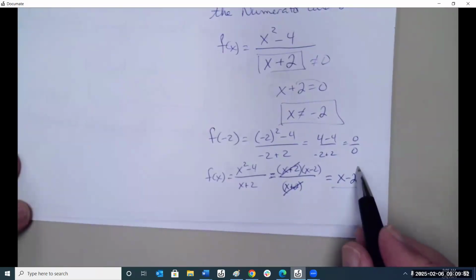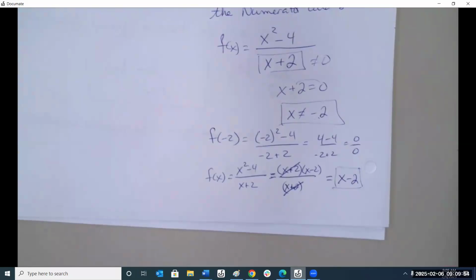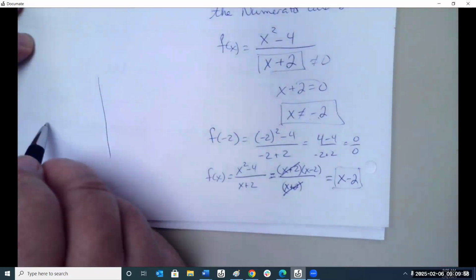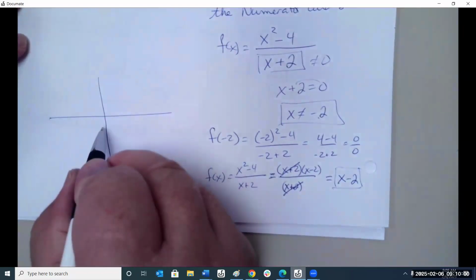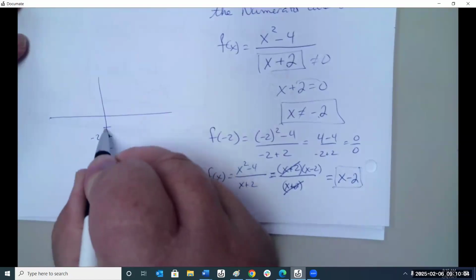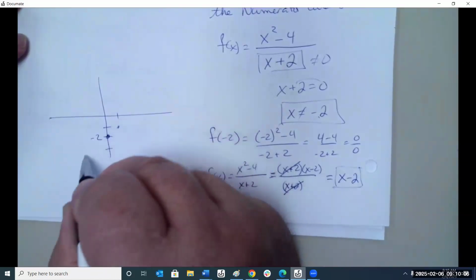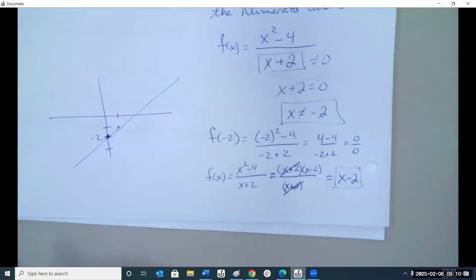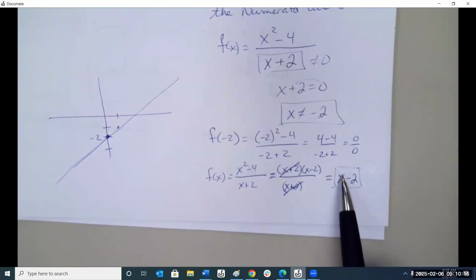This is the graph of our function. Up 1/1. So this is our graph of our function, x minus 2. The y-intercept, slope is 1/1.